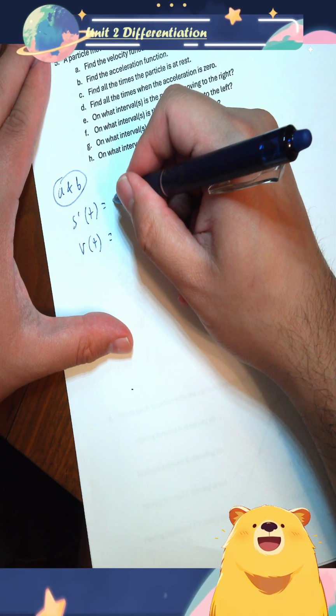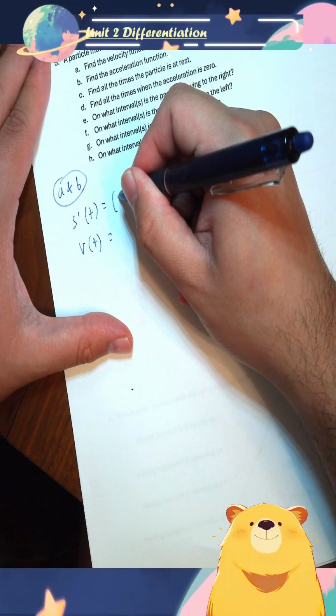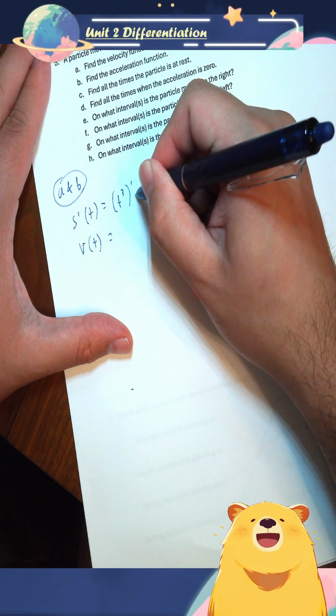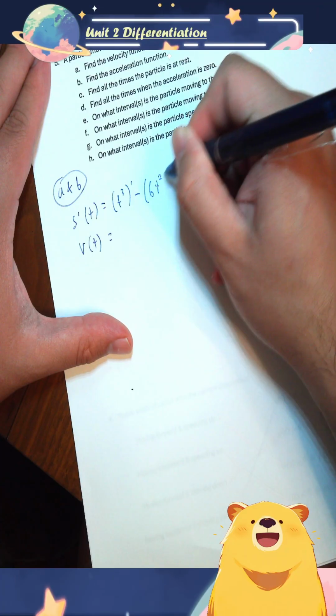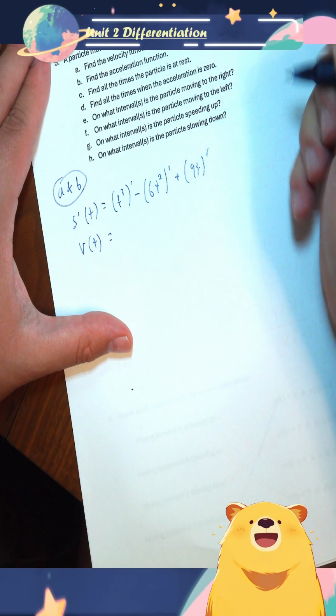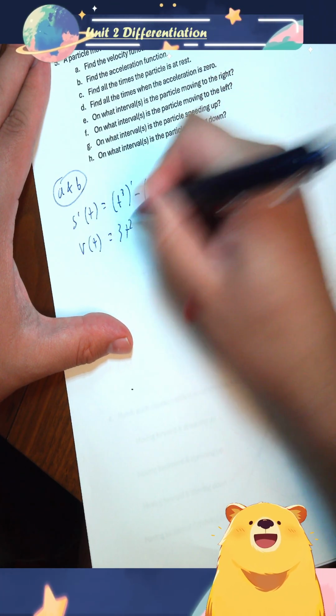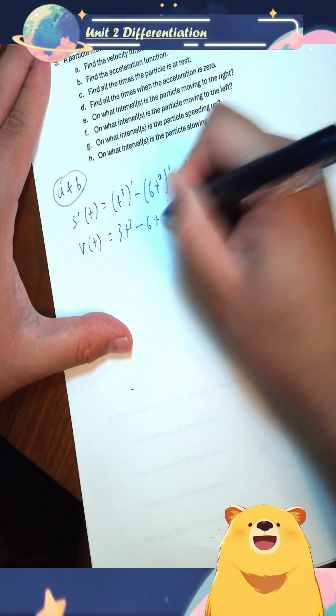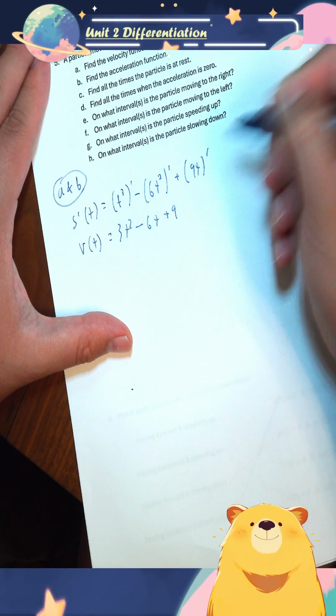And that's going to be t cubed prime minus 6t squared prime plus 9t prime, which is 3t squared minus 6t plus 9.